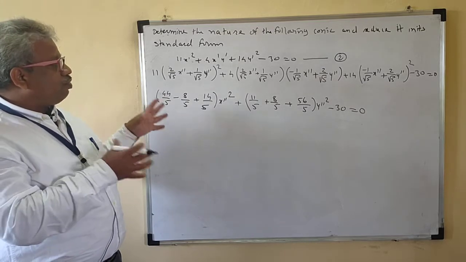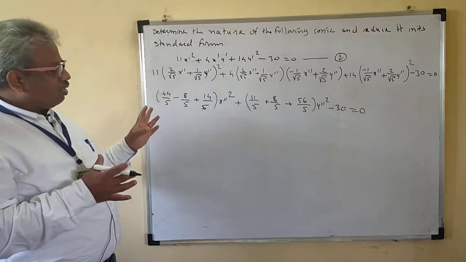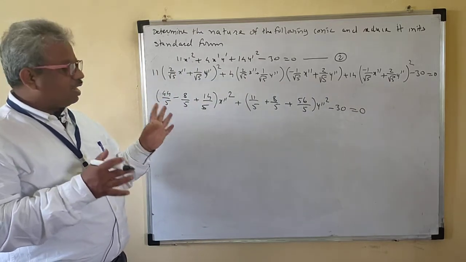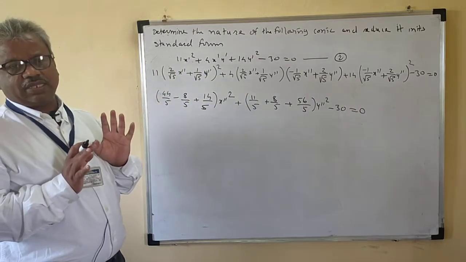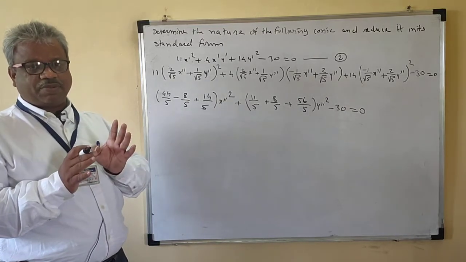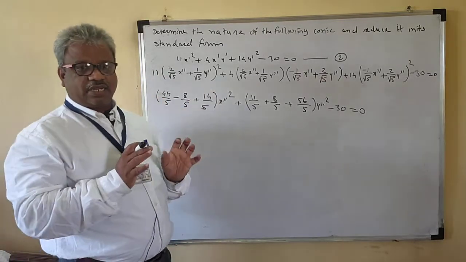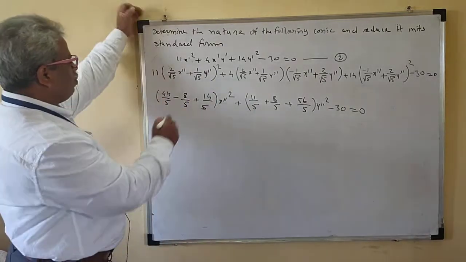Once you got the equations of the rotations, just put them here. Then we have to collect the coefficient of x double prime square and y double prime square. Constant will be as it is. No need to collect the coefficient of x double prime y double prime because we have rotated the frame through an angle theta, so that your second degree term will vanish.